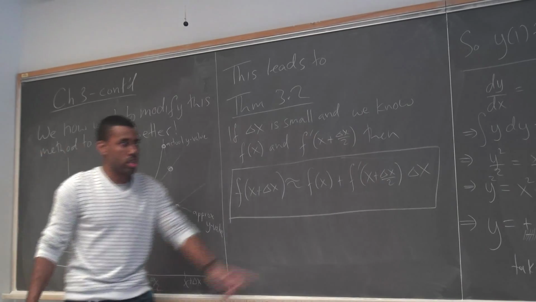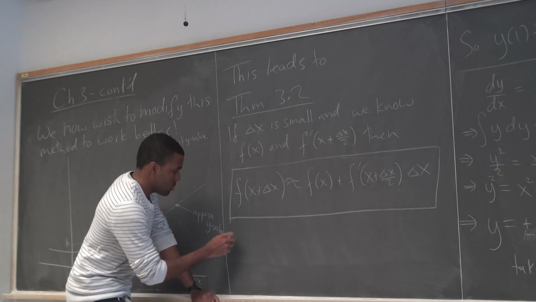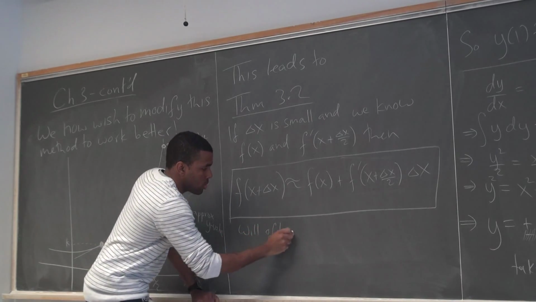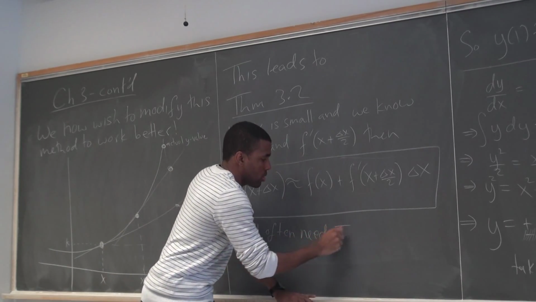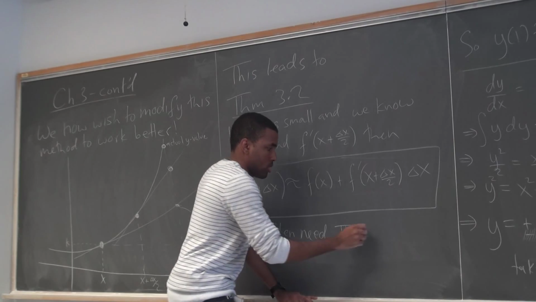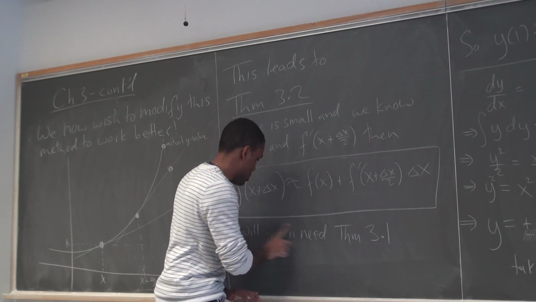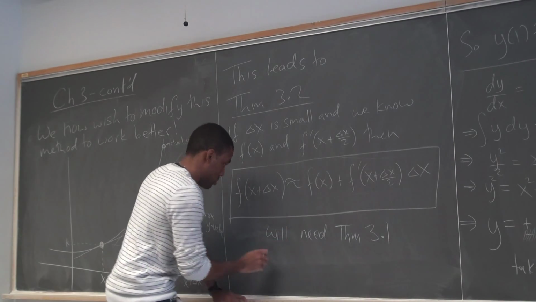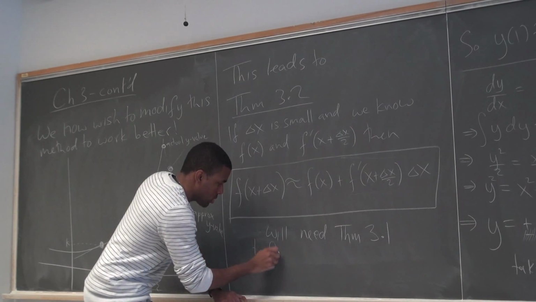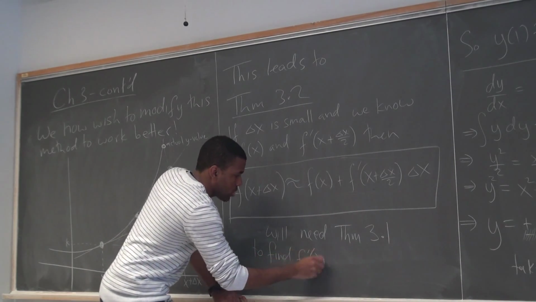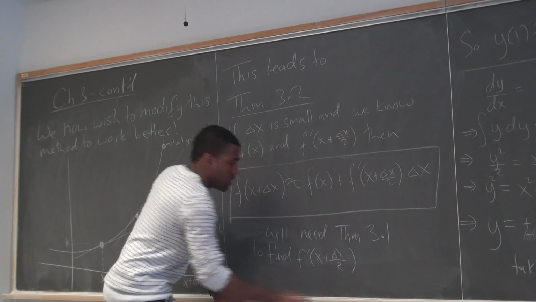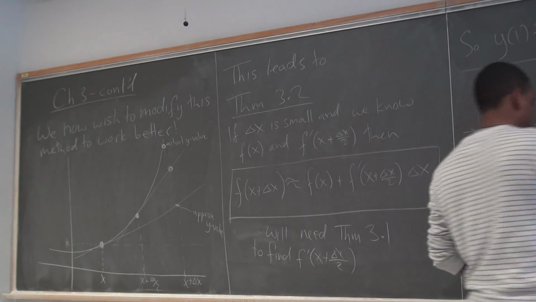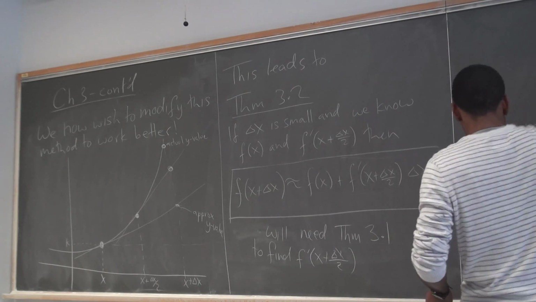Now the problem is, how are we going to figure out this guy? For our purposes, we can actually use theorem 3.1 to help us in the approximation of this guy, and we're going to see how that works now with a few examples.